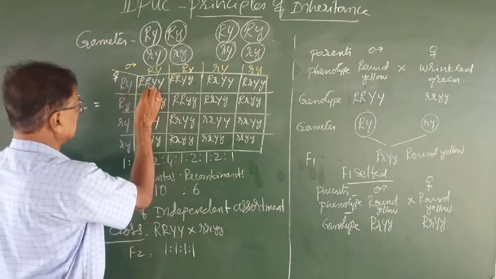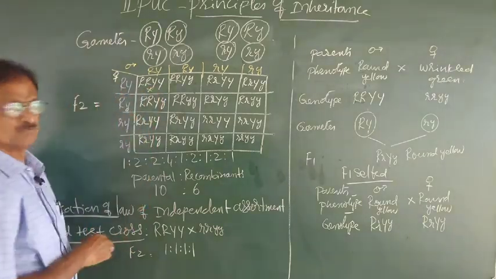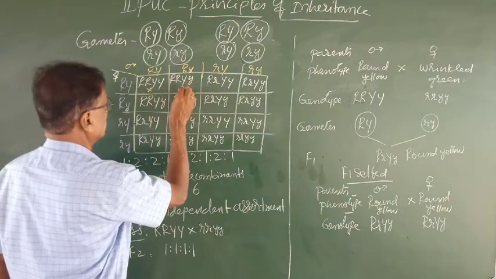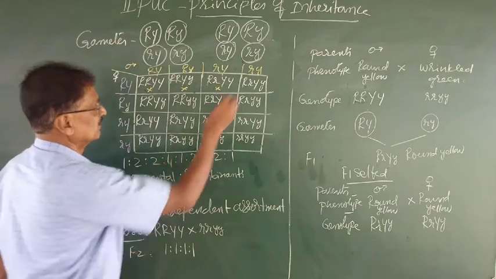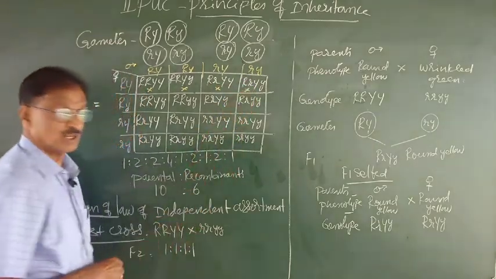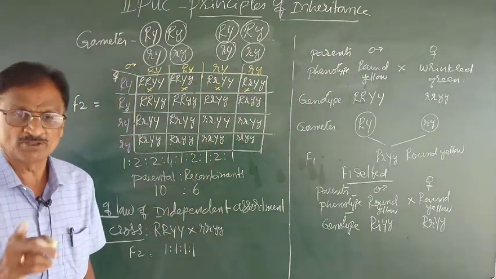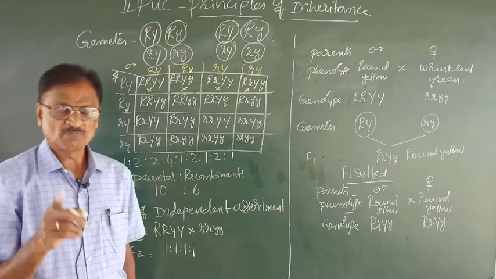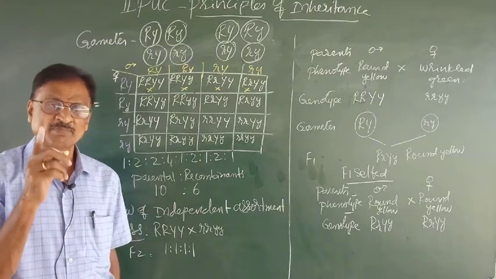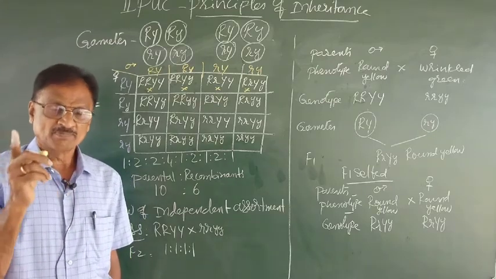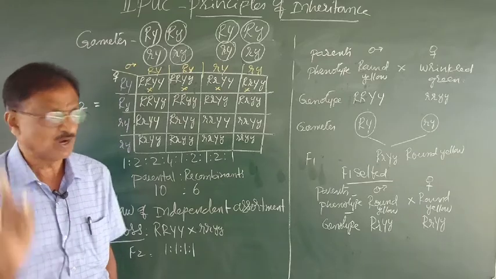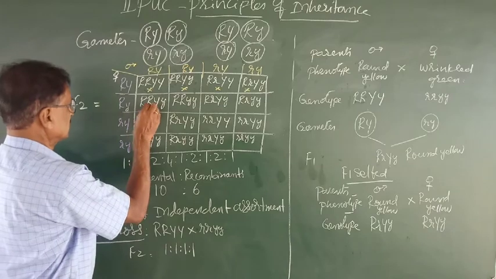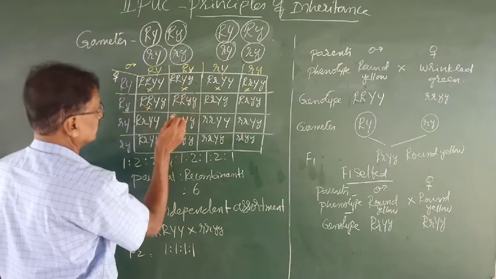Now observe, this is round yellow. This one, round yellow. This is round yellow. To call any individual round yellow, what may be the condition? There must be at least one capital R and one capital Y. So this is also round yellow.